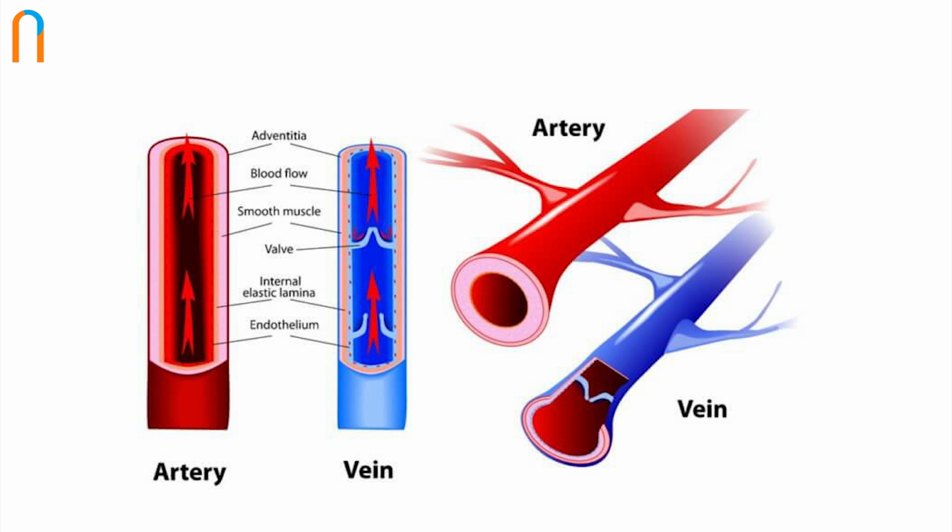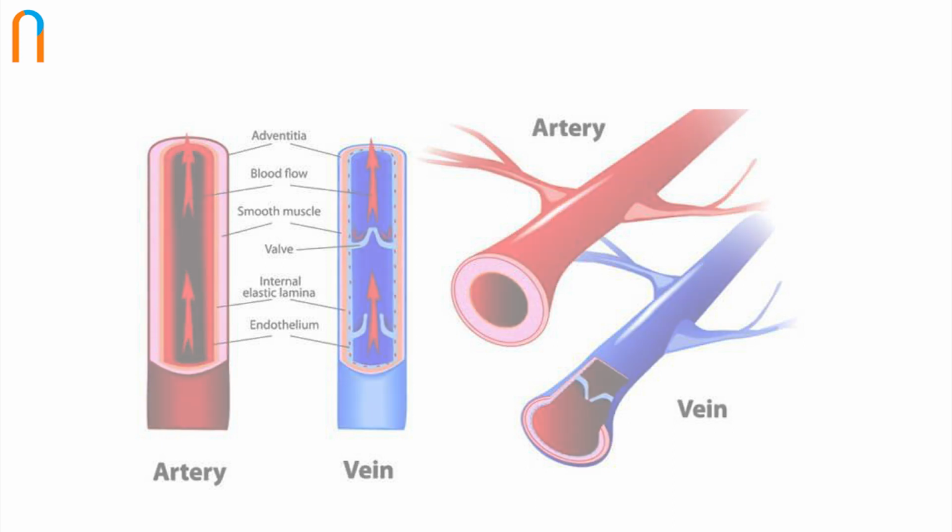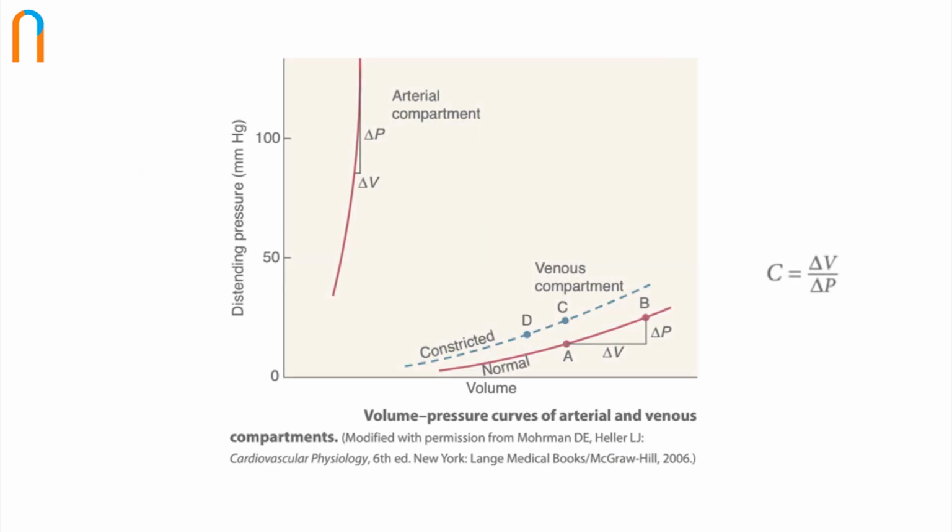It's apparent that the elastic properties of arteries and veins are very different. For the arterial compartment, delta V divided by delta P, measured near a normal operating pressure of 100 mm Hg, indicates a compliance of about 2 ml per mm Hg.